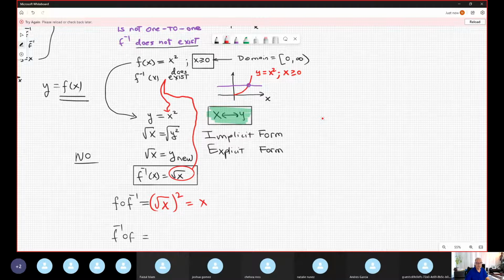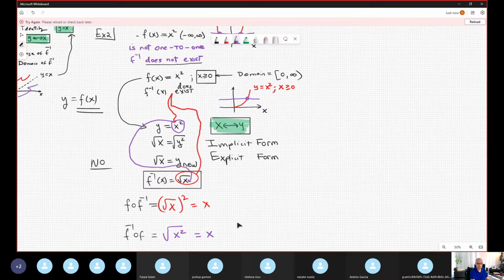And in the other order, we do it differently. You take x squared and substitute it here. So you replace x with x squared. You have square root of x squared. Again it is x. So it is as expected. So it's easy.